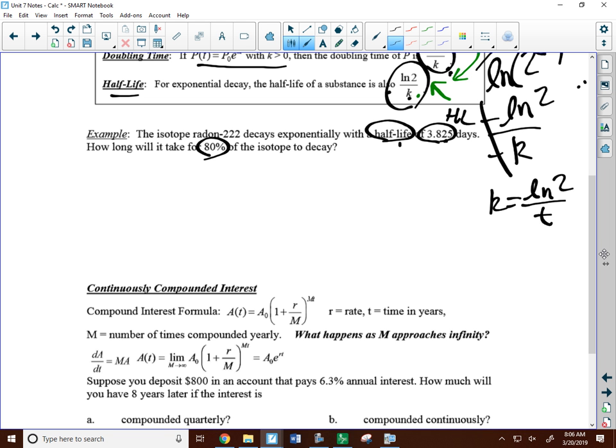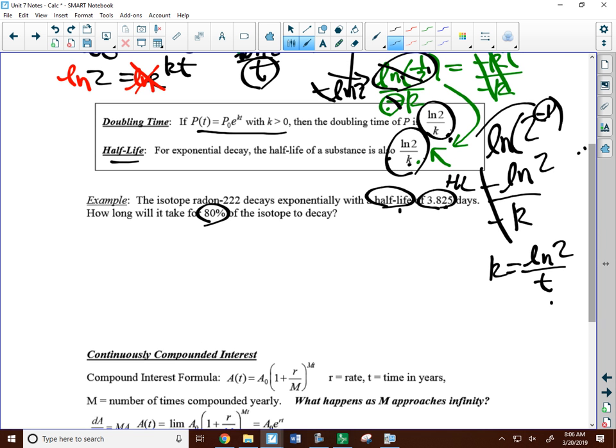Basically, they give us 3.825. I wrote it on yours, I said right here, writing these, if you solve for the other variable, it would be this, just interchanging K and T. See that on your paper? So we can interchange them, and if I want K, it's this formula.